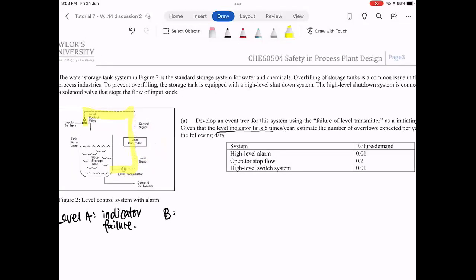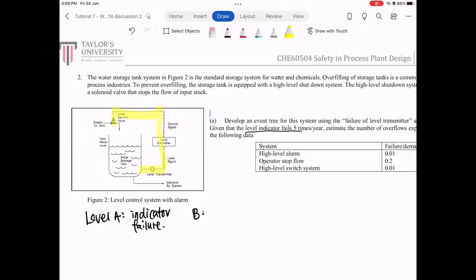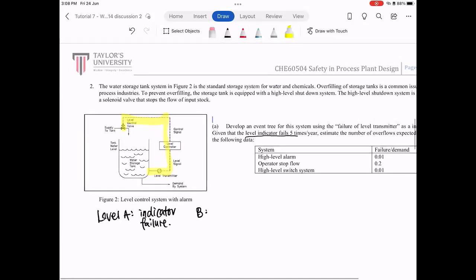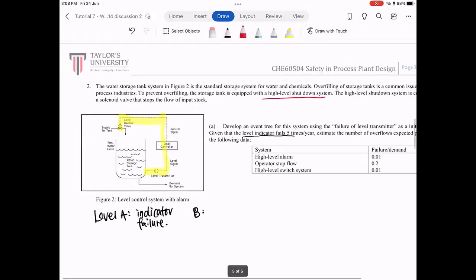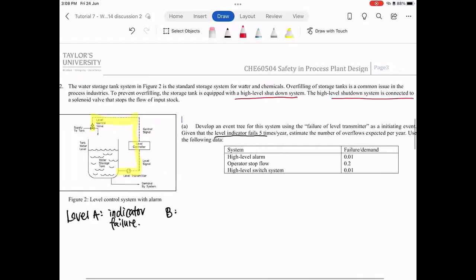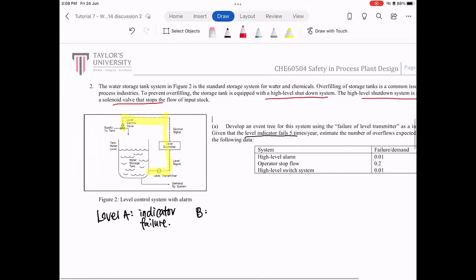So overflowing. So apparently this is just the control system. It seems to say that the storage tank is equipped with a high level shutdown system, connected to a valve to stop the flow of input. So it seems like there is another one that will come here, not just the control, because this is a control system.